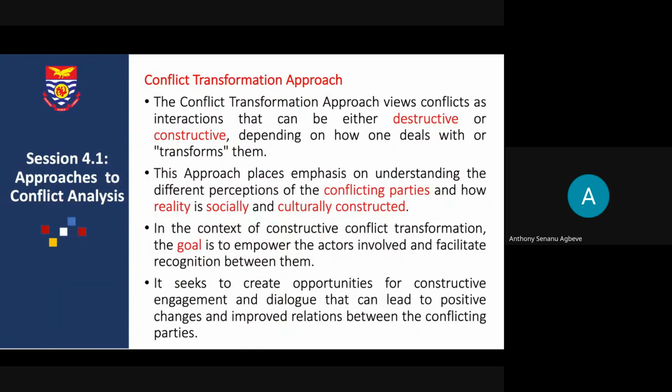That may include their interests, their positions, and how both of them are constructing their social or cultural reality, right? Because once you understand this, the end goal is that you give each and every party the opportunity so that you'll be able to transform or resolve the conflict.